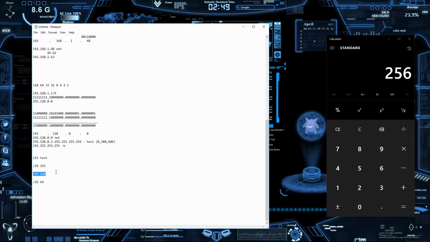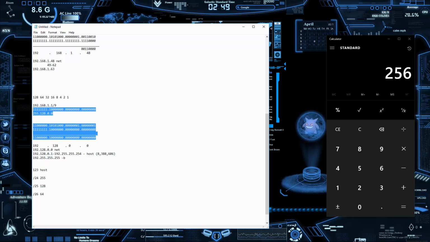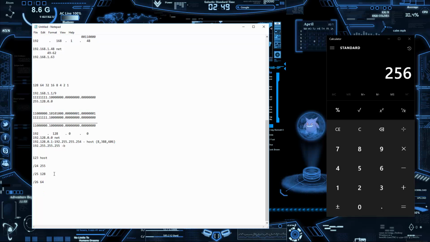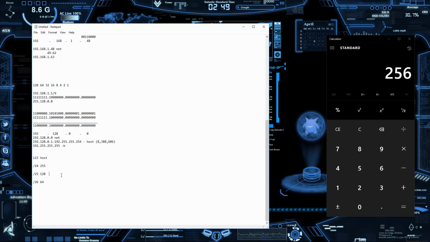So it's important to know this. Basically, what you can do is, if you know how to make it into binary. In this case, /25, it's 1, 2, 3, 4, 5, up to 25.